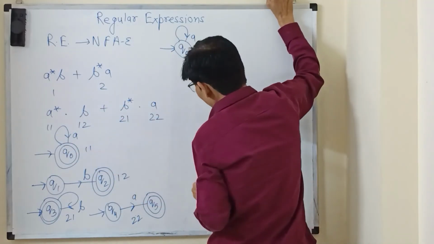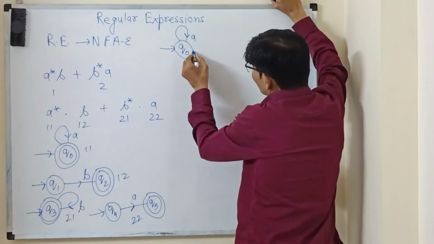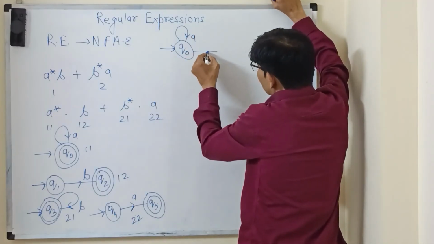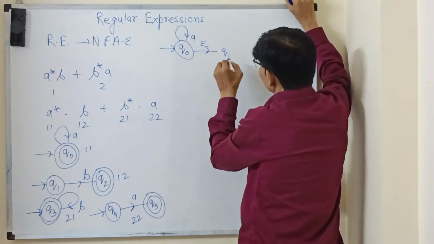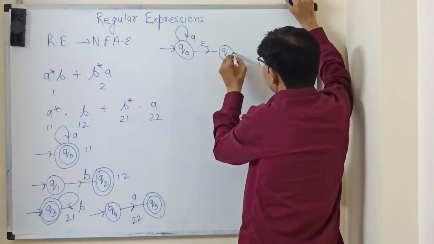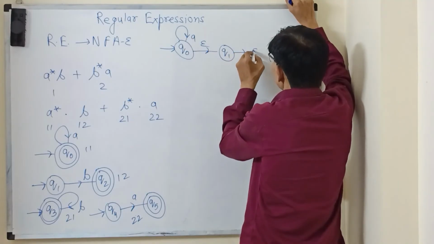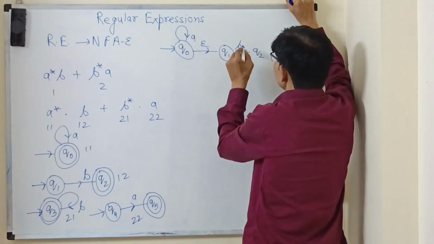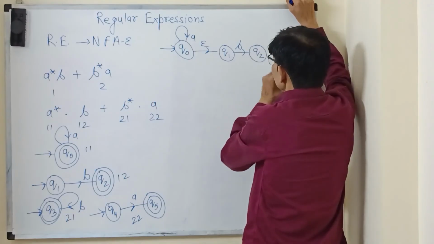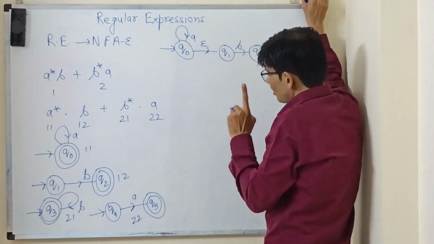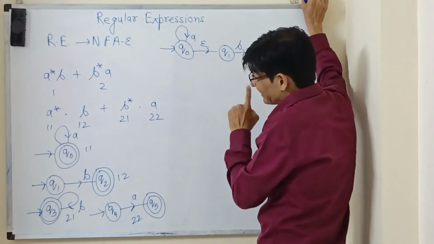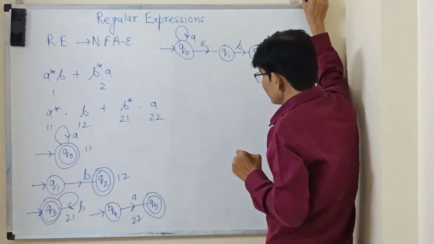Now one more epsilon transition we will have, then we can use one more state q1, which will have one transition of p there, and this would be the final state. Again we will not create the final state here.